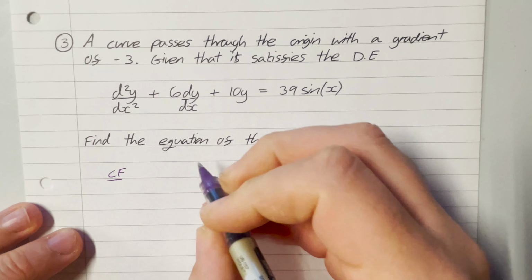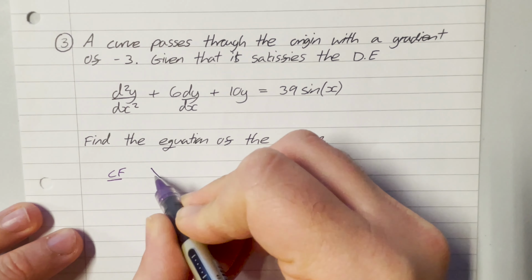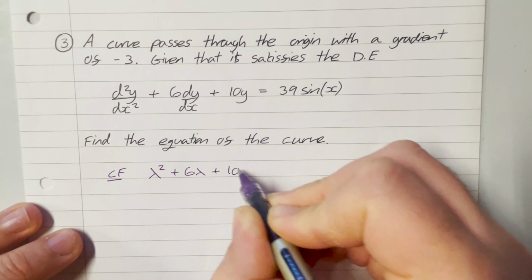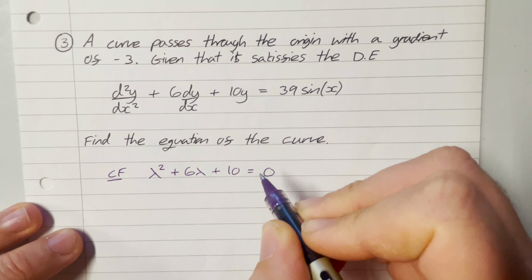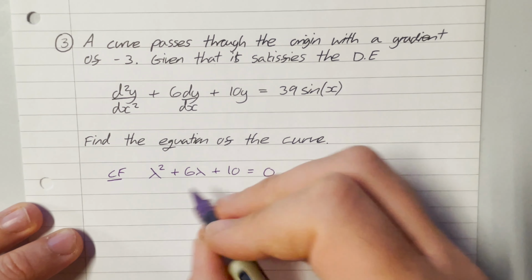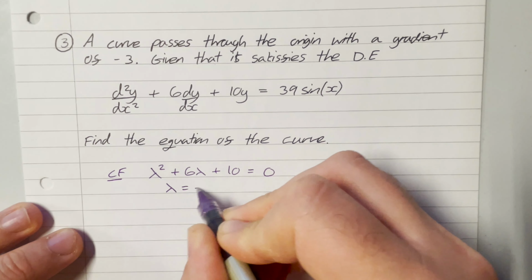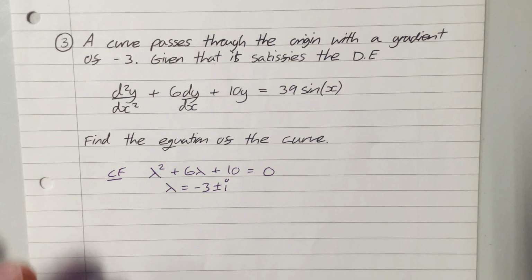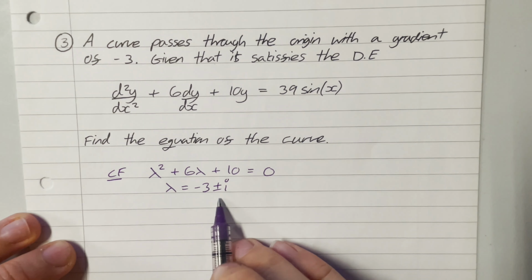So to find the complementary function, I'm going to jump to the auxiliary equation. So that's lambda squared plus 6 lambda plus 10 is equal to 0. So that's going to tell me that lambda is -3 plus or minus i. And again, you can either get that from the calculator or using the quadratic formula. This is a pair of complex conjugates.